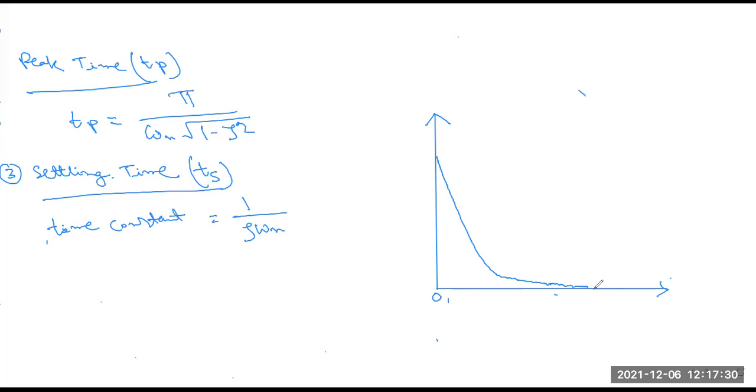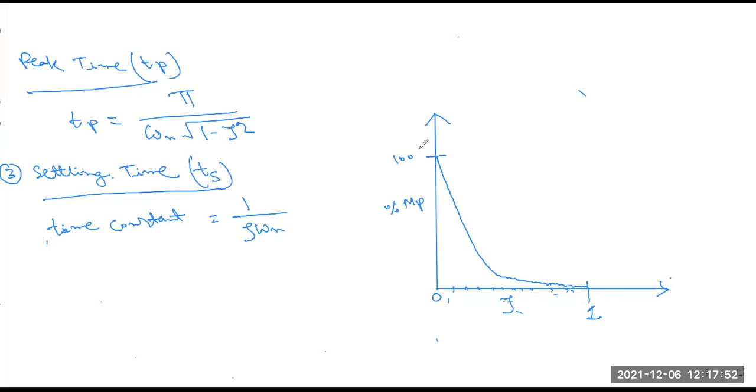This is 0 and this is the stable value, that is 1. These are the certain deviations, which represent the value of zeta, and this is the percentage of maximum overshoot, percentage of MP, that we represent here.